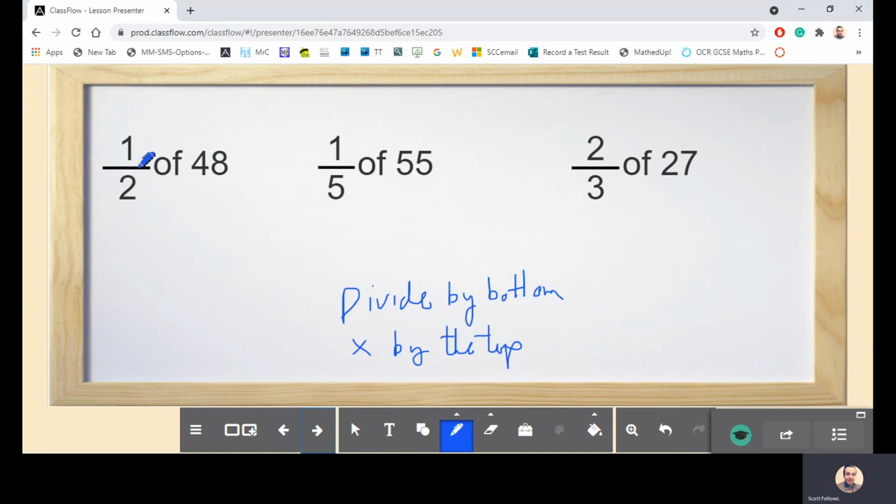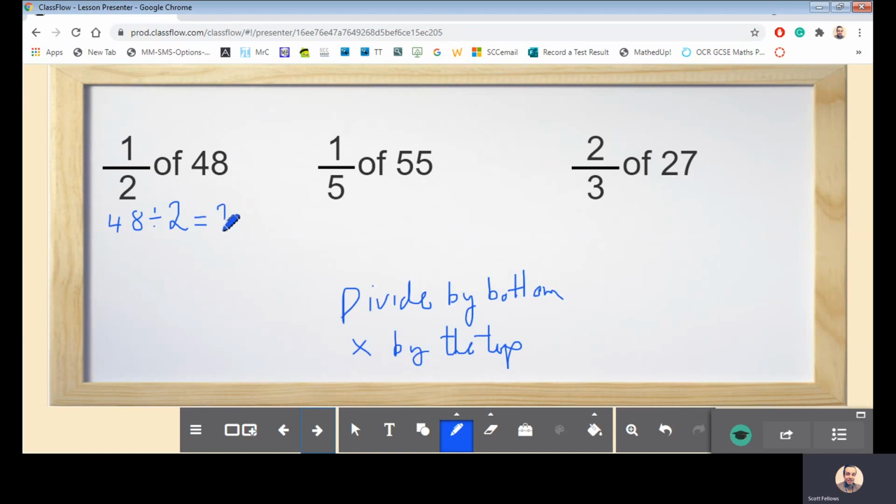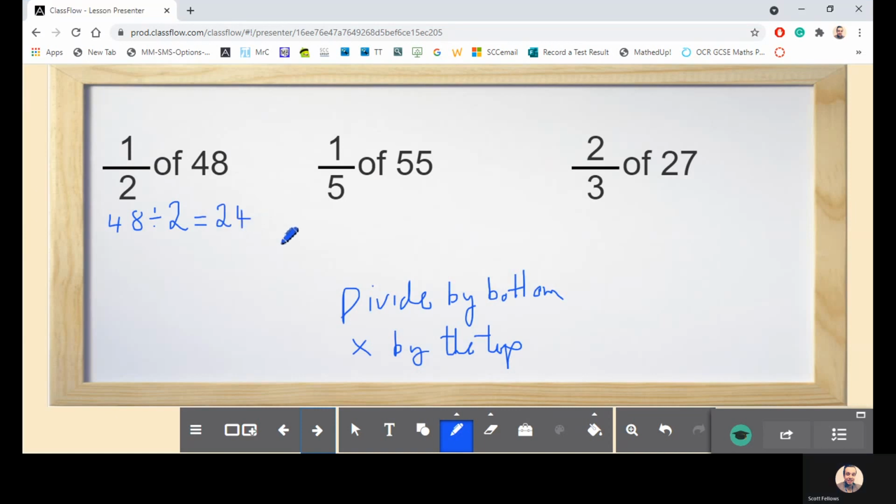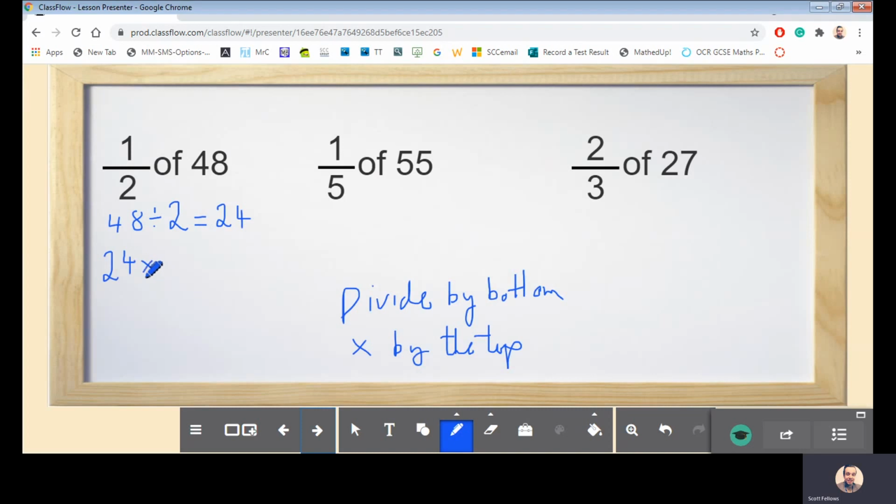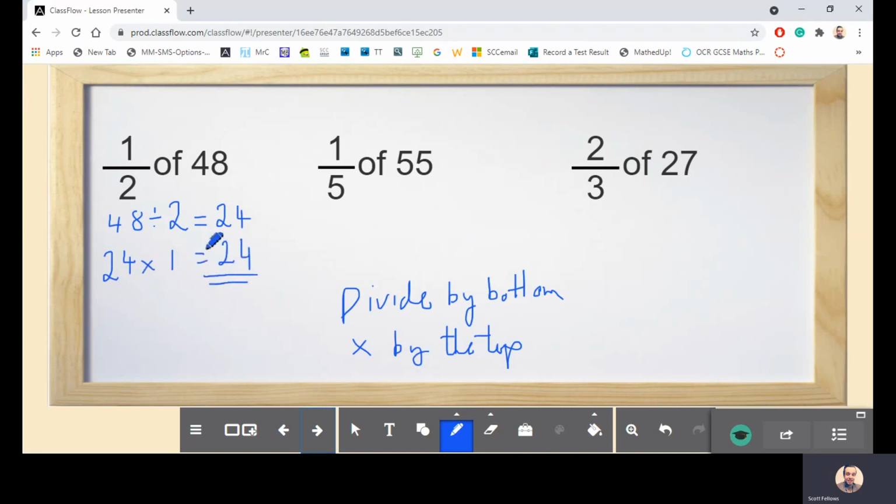Okay, so half of 48 is going to be 48 divided by 2, which is 24. And then times by the top, well, you don't necessarily need to do this, but just for the sake of it, 24 times by 1 is 24. So that's your final answer, 24.